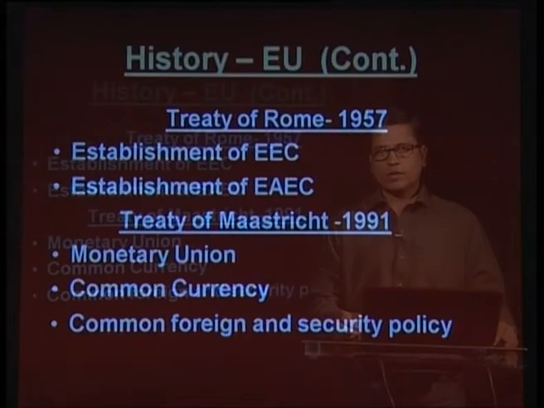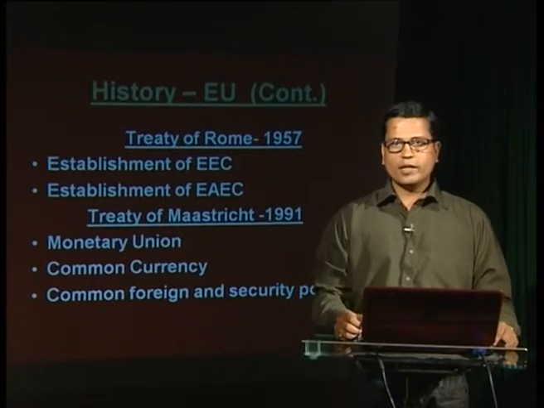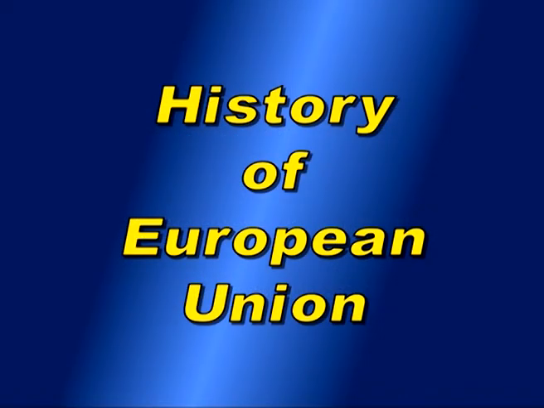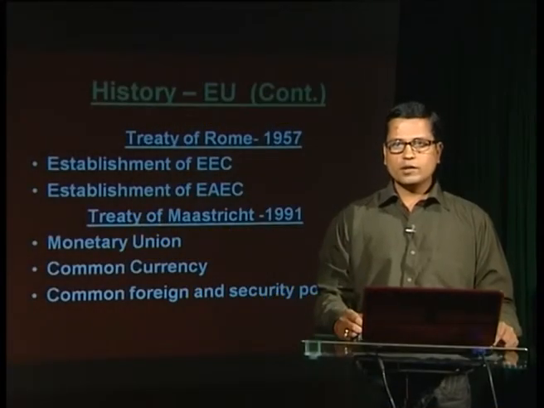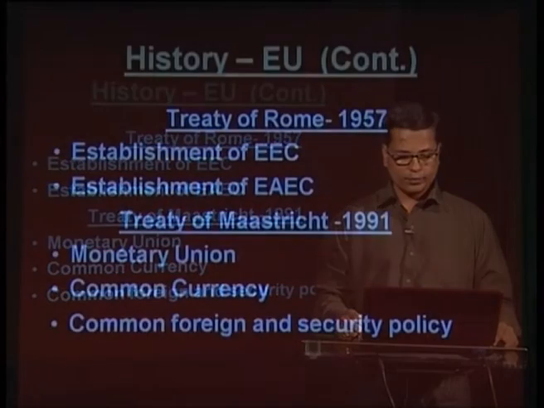Many more countries from Europe came together to form a common platform for the policies. European Economic Community became more powerful, the more nations joined them. They started making policies which were common for the entire Europe or the members of that European Economic Community.